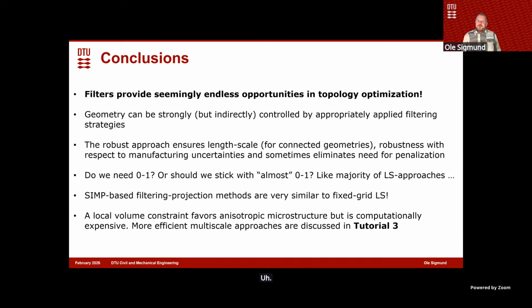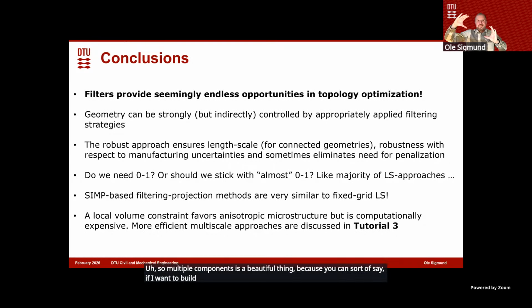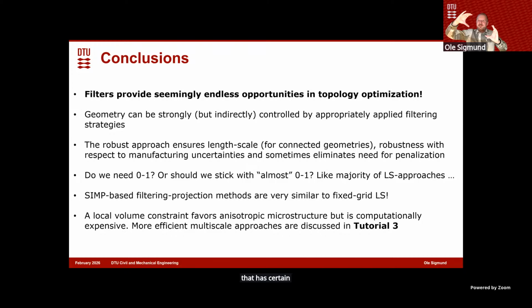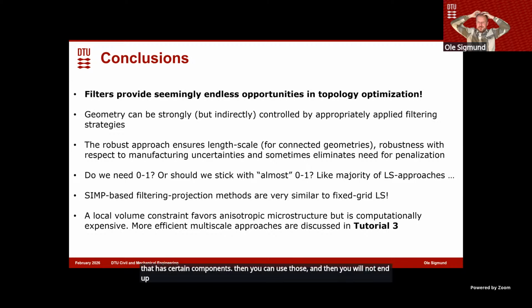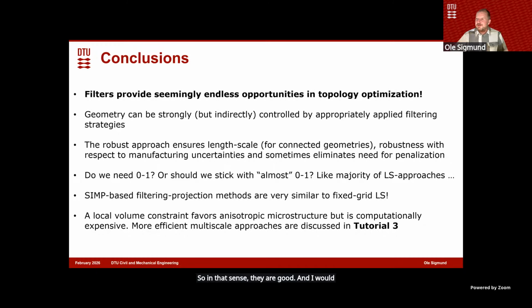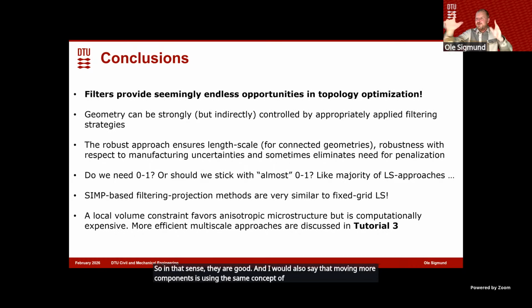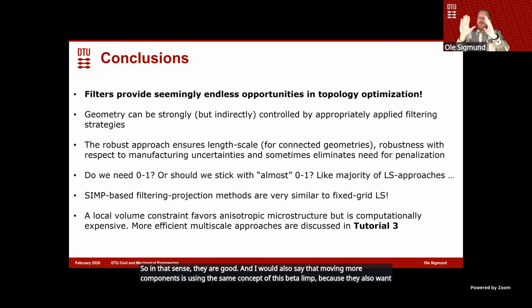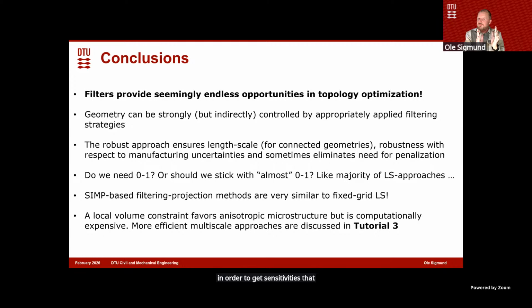Morphable components is a beautiful thing because if I want to build a structure that has certain components, then you can use those, and you will not end up with weird or more complex shapes. So in that sense, they are good. And I would also say that moving morphable components is using the same concept of this beta lim, because they also want a little bit of grayscale at the edges in order to get sensitivities that actually drive the motion.